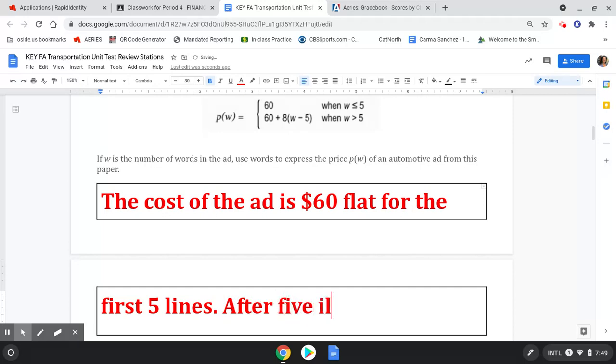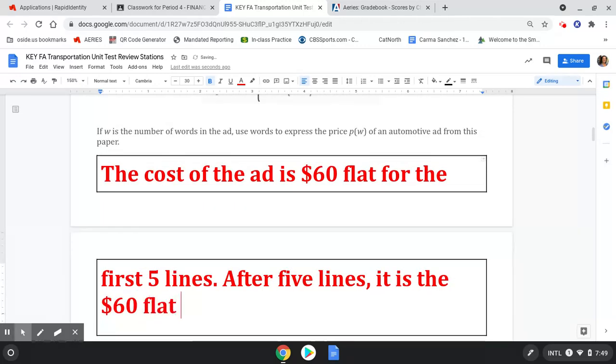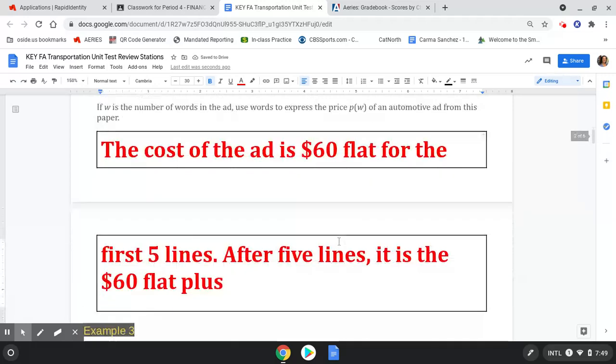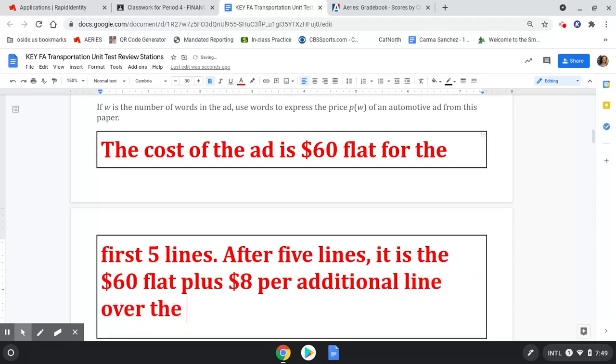After 5 lines, it is the $60 plus, look back up here, see this plus $8 per additional line over 5. So that's explaining in words what that piecewise means.